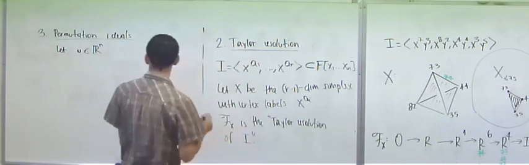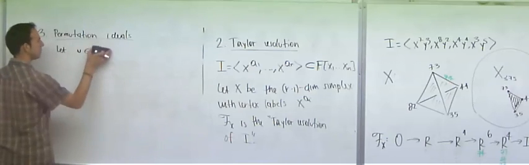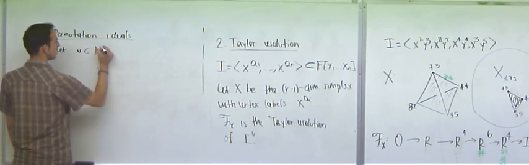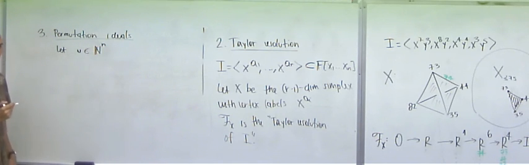I actually want u in N^n. Okay, so I want an n-tuple of natural numbers.